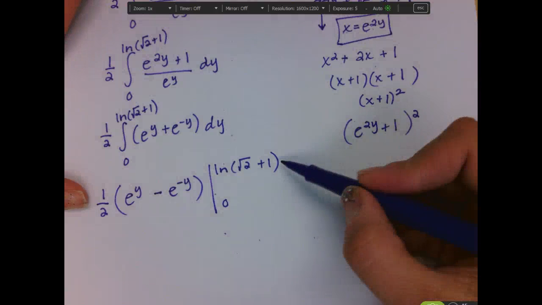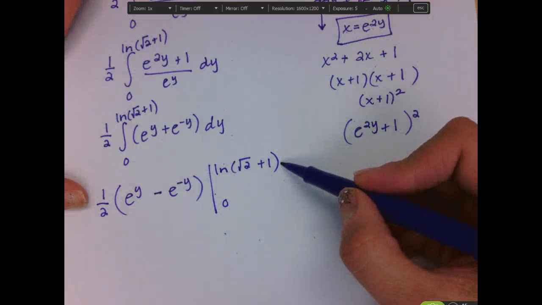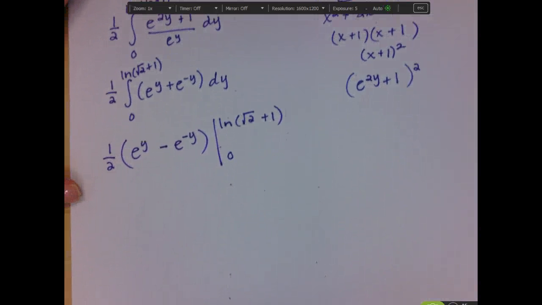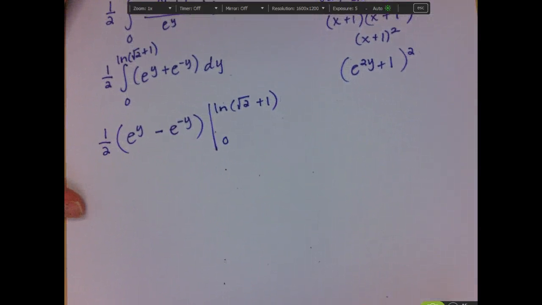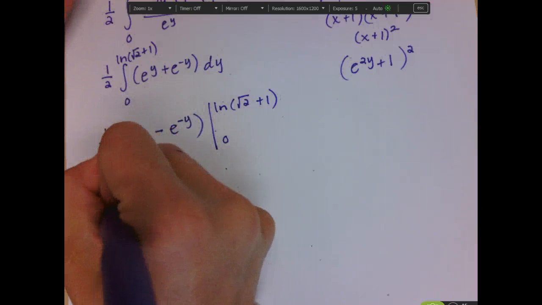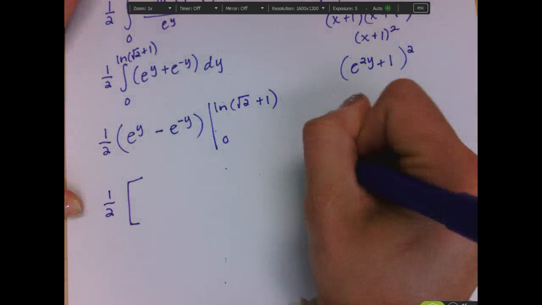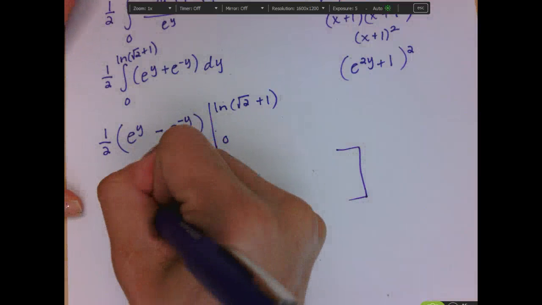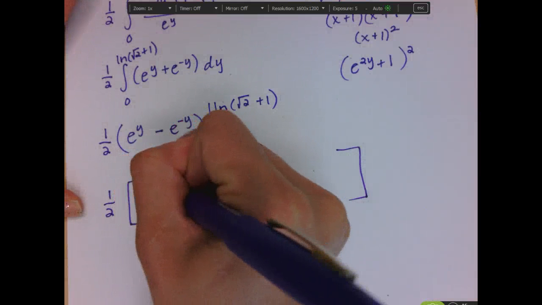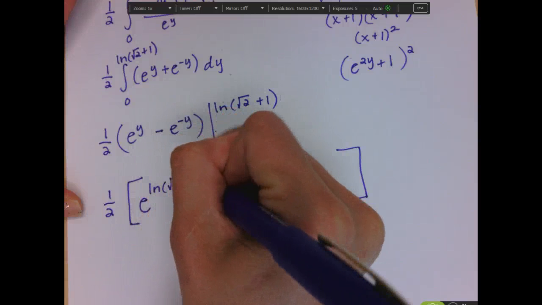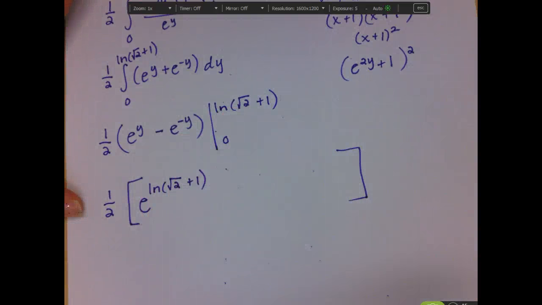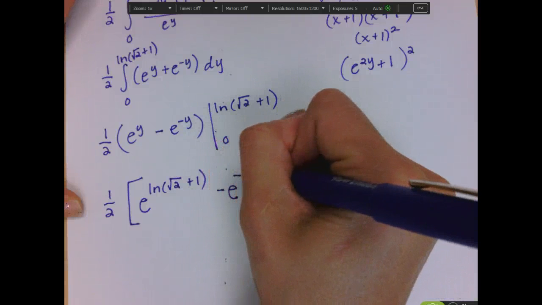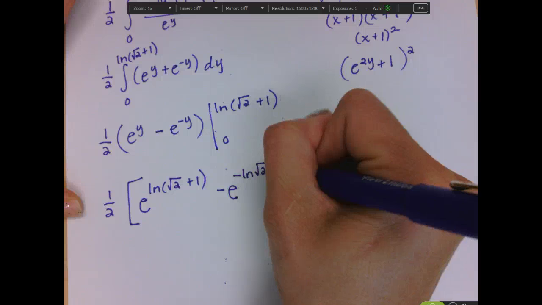Alright, now let's plug the natural log of the square root of 2 plus 1 in. This gets tough again. There's a lot of really careful algebra that needs to occur. So I'm going to leave that 1/2 out of it for now. And then I'm going to have e to the natural log of the square root of 2 plus 1 minus e to the negative natural log of the square root of 2 plus 1.